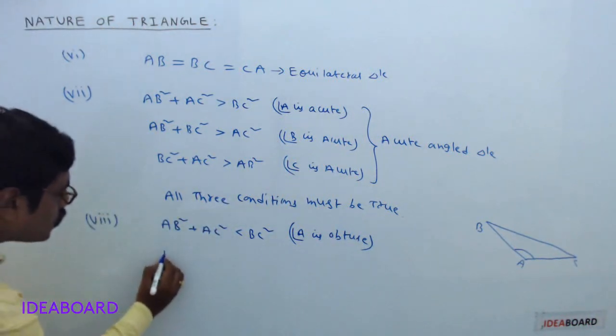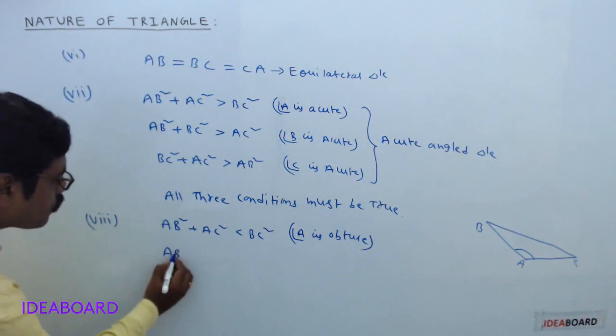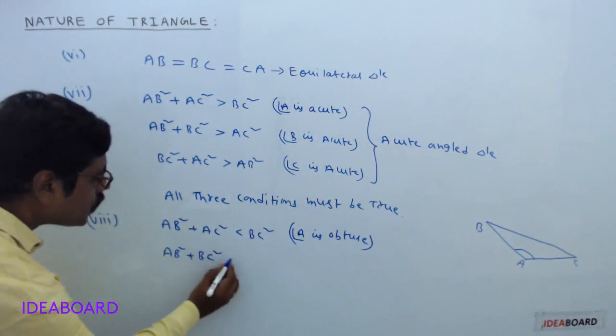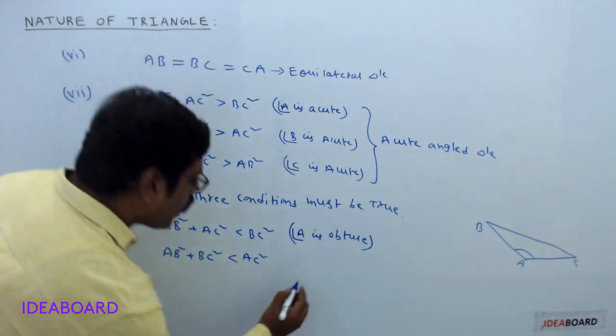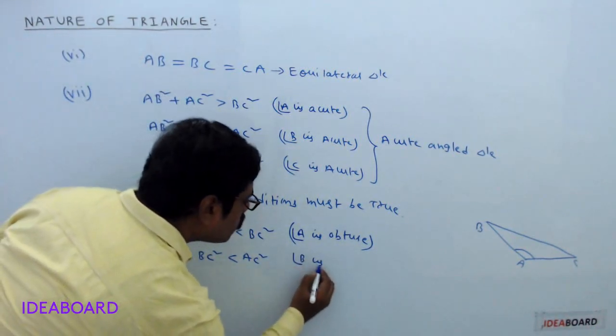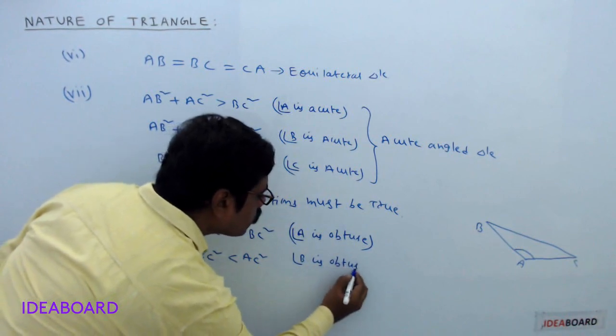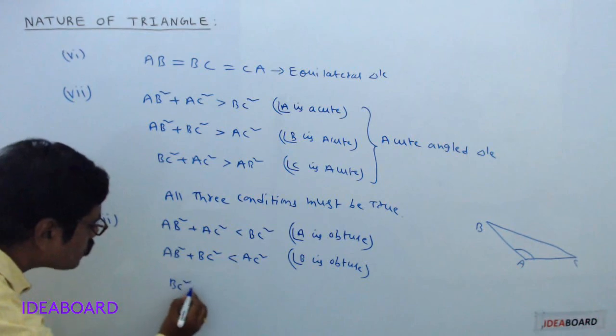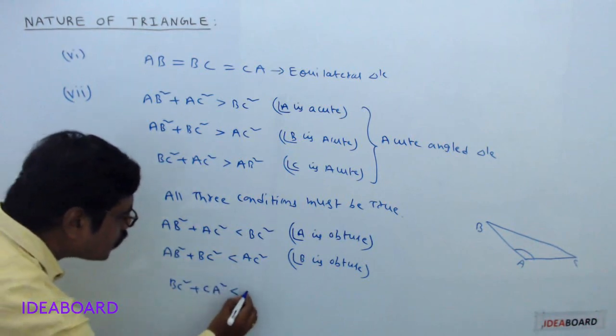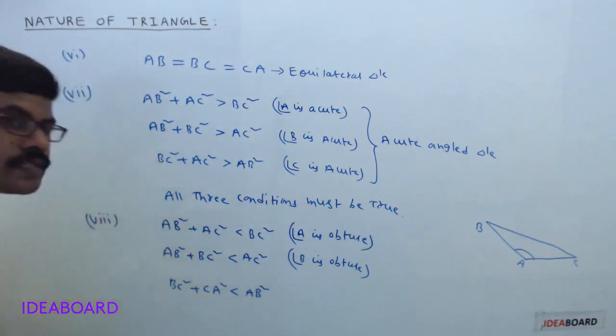Next condition, AB square plus BC square less than AC square. In this case, angle B is an obtuse angle. Next one, BC square plus CA square less than AB square.